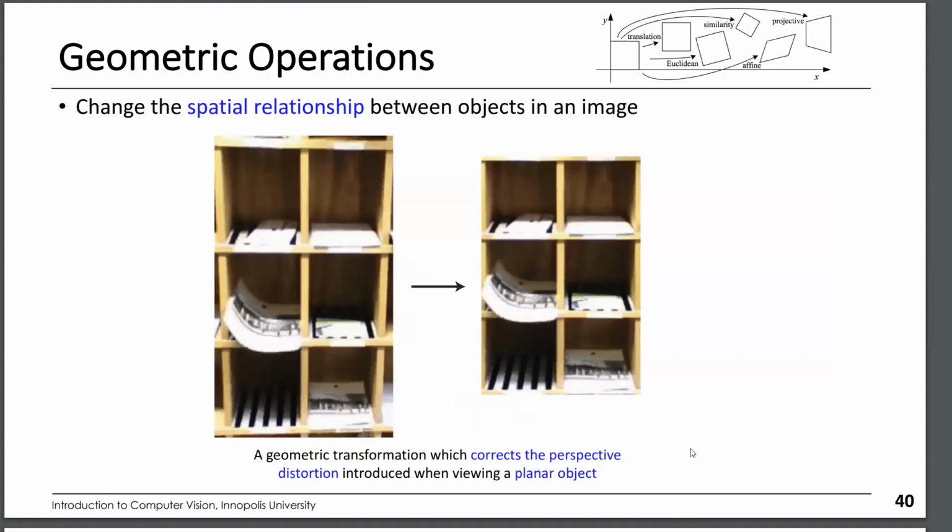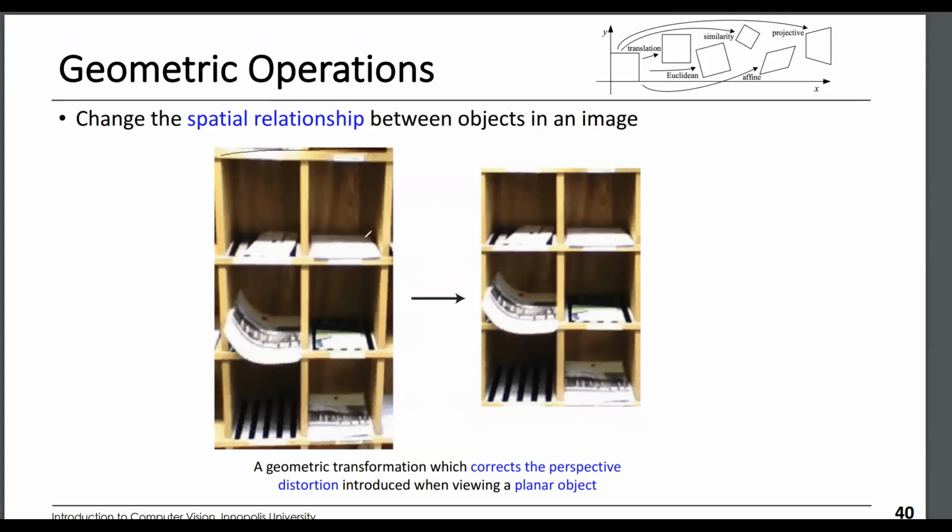These are just some geometric operations. Geometric filters are used to basically change the perspective that you are looking into the picture. So for example, in this case, you see if you take an image too close to something that is a rectangle, something like a line, right?